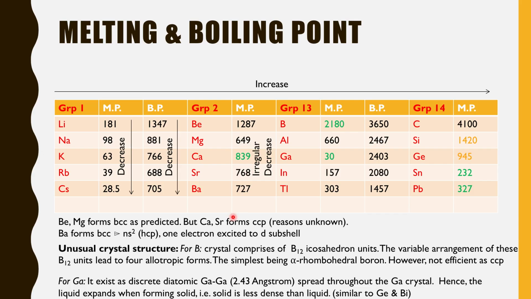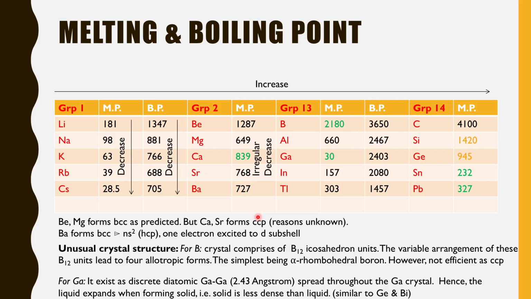That is because in the case of calcium and strontium, the crystal structure is changed from the BCC to a CCP kind of structure. Now, why is this change happening? The reason is kind of unknown here, but because of this change from the HCP to a CCP structure, you will see that the melting point increases.